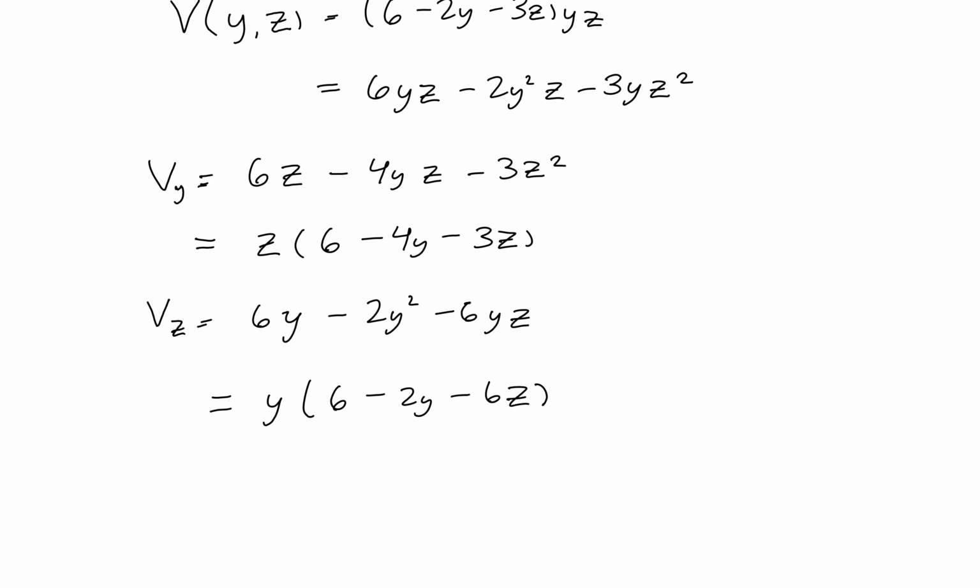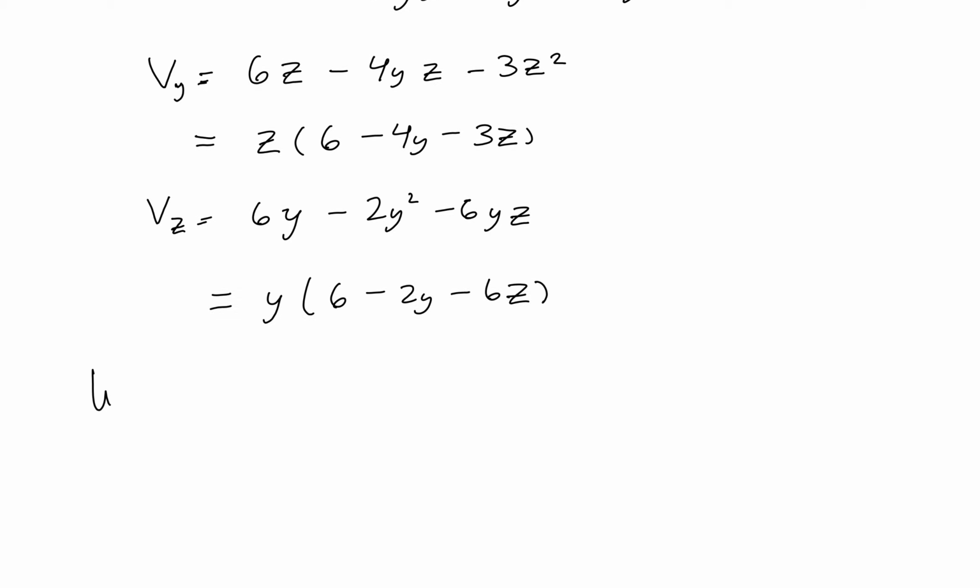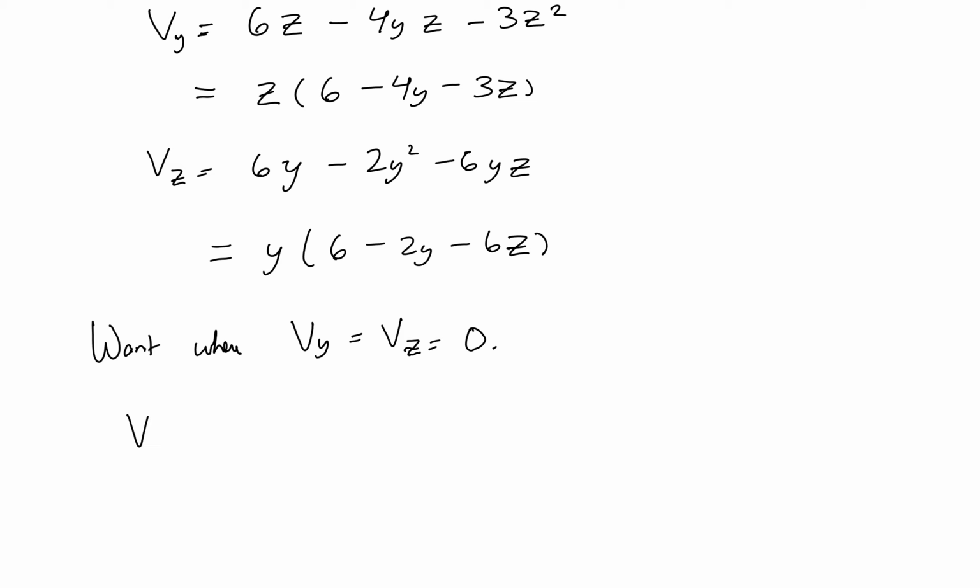And so now we want where both of these are equal to 0. And one thing to note here is, if we look at V_y, this is equal to 0 when z is equal to 0, or when 6 minus 4y minus 3z is equal to 0.